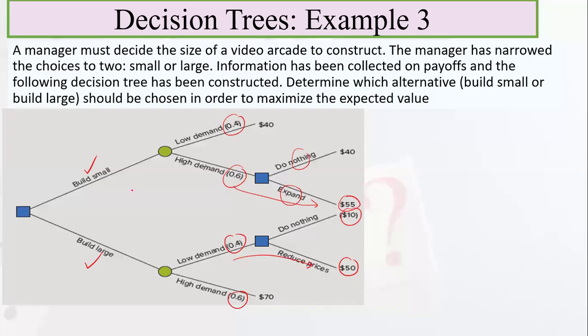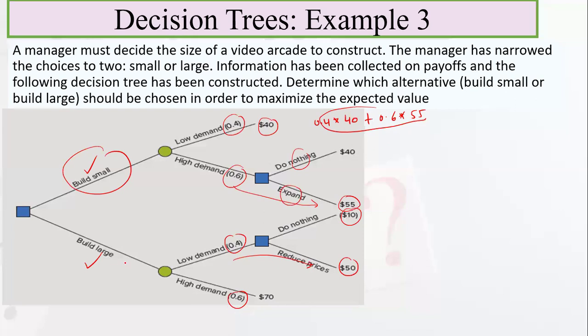So now you compare both facilities. So $40, 0.4 multiplied by $40 plus 0.6 multiplied by 55. So that is the expected monetary value of the small facility.